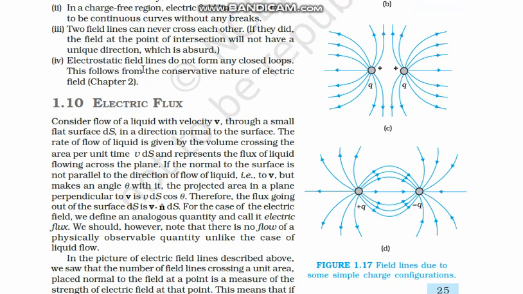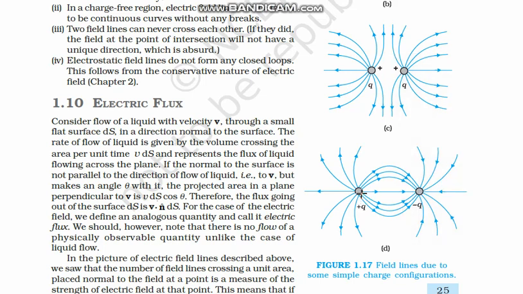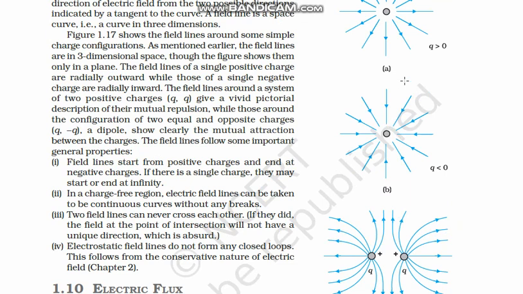Electrostatic field lines form a closed loop only for a positive and a negative charge, while for magnetic field lines, one side is north and another side is south, so they form this kind of closed loop, or even with a single type of magnet. But electric field lines don't form closed loops. They form a closed loop only when there is one positive and another negative charge. But for a single charge, there is no closed loop. It goes up to infinity.